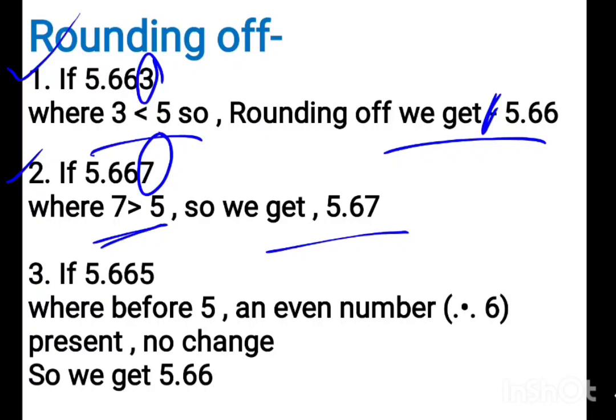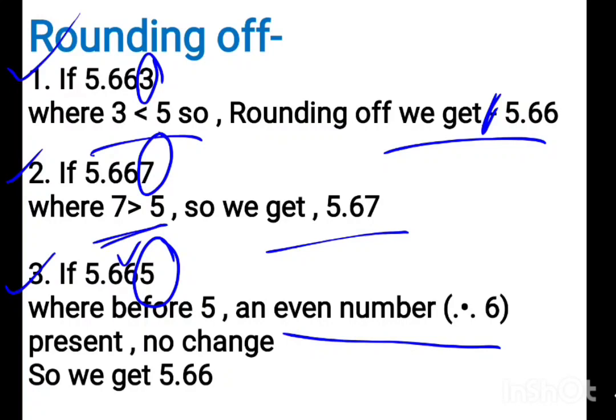Okay, because the digit is greater than 5, when we round off the number, 1 should be added to the last digit. Next one, 5.665: there is a 5, not greater than 5, not less than 5. So before 5 there is an even number, and when there is an even number before 5 there must be no change.